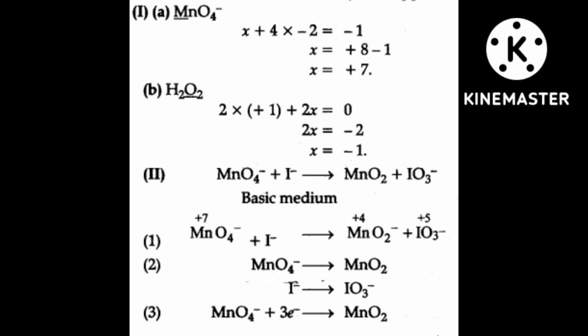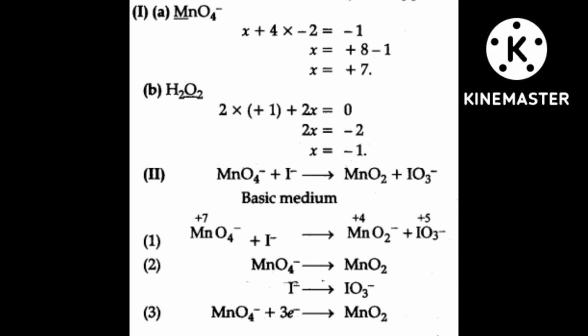This is again an important thing I am telling you: lithium and beryllium are more similar to the second element of the group, that is, magnesium and aluminum respectively.